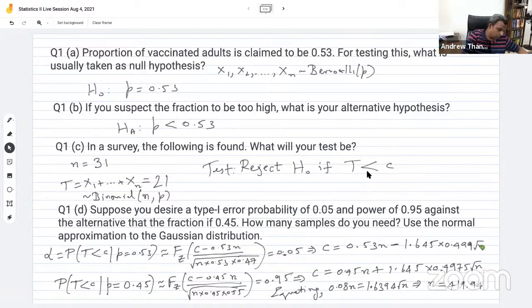So how do you set this up? C equals this calculation, right? It's going to be 0.53 times 31 minus 1.645 times 0.4991 times the square root of 31.